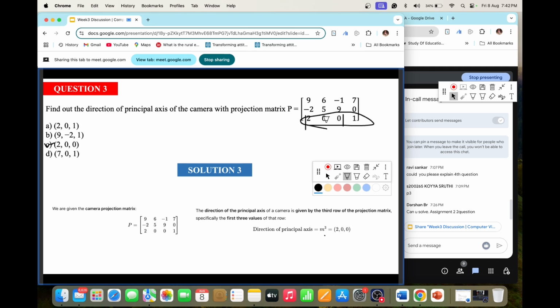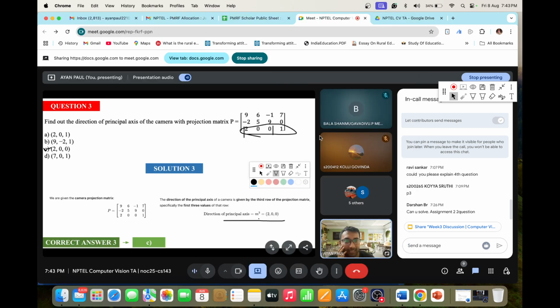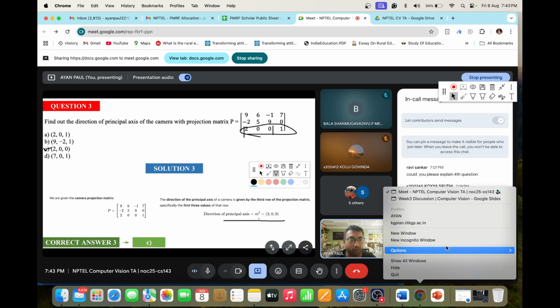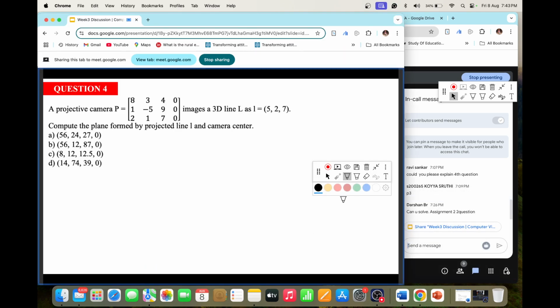So the last row of the M matrix will give you the direction of the principal axis, that is 2 comma 0 comma 0. So this is the answer. Is it clear? Clear, right? Straightforward question. So let's move on to the next question.